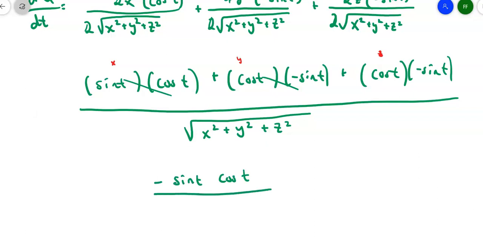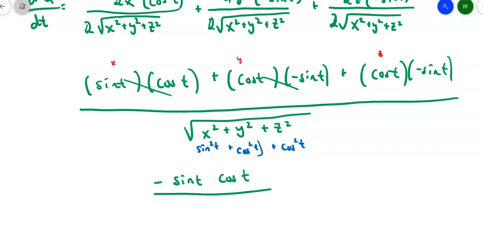over. Now, what happens when I take those values and I substitute them into the bottom? If x is equal to sine of t, I'll get sine squared t plus y is equal to cosine of t, so cosine squared t, and z is also equal to cosine t, so cosine squared t again.